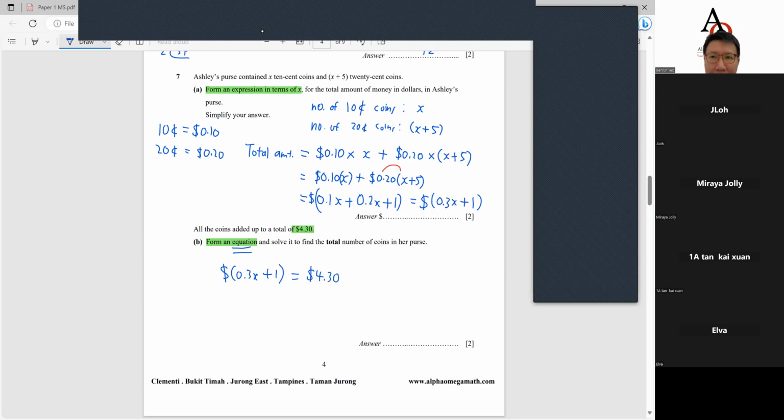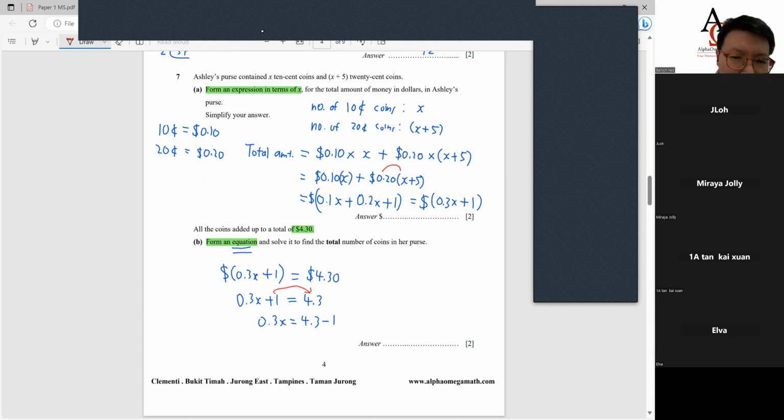Because over here, both are total amount, one in algebra, one in numbers. Remove the dollar sign, it's very confusing. So just put it this way, it will be easier for you. Shift over a number, you will get 0.3x equal 4.3 minus 1, because I shifted the plus 1 over to the right side of my equation to get minus 1.